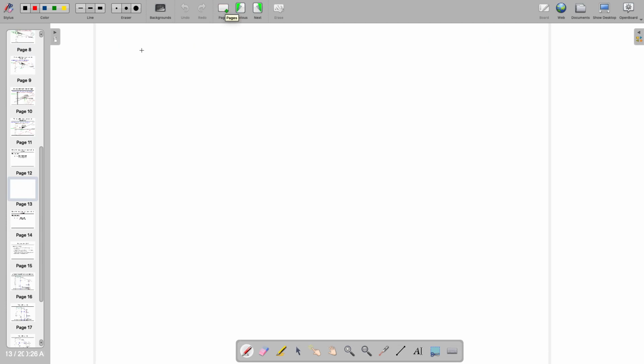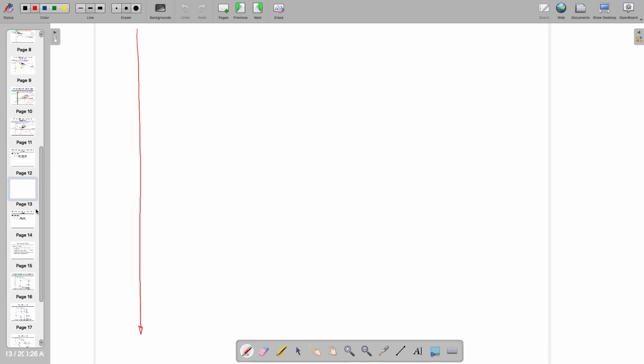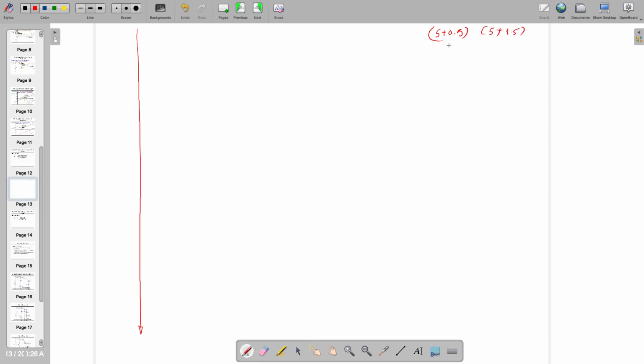My TS will also help you. So the transfer function is s plus 1 and s plus 3.